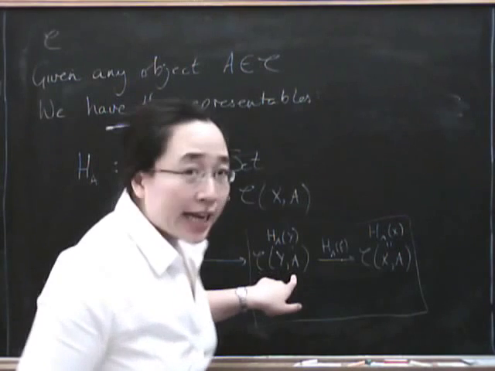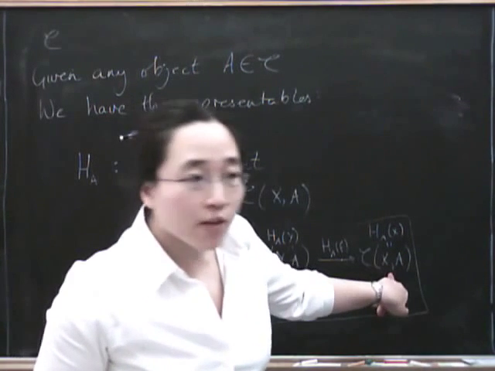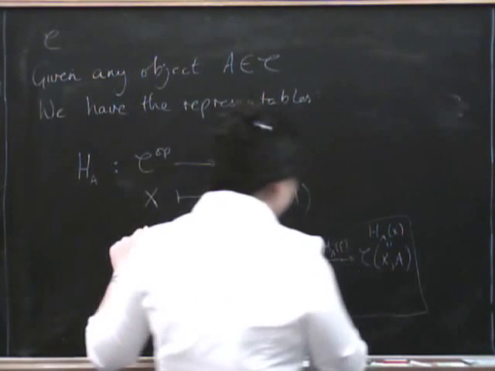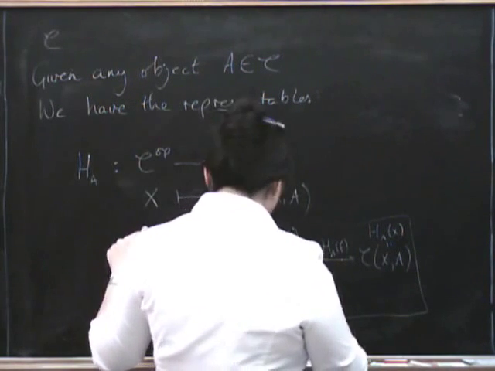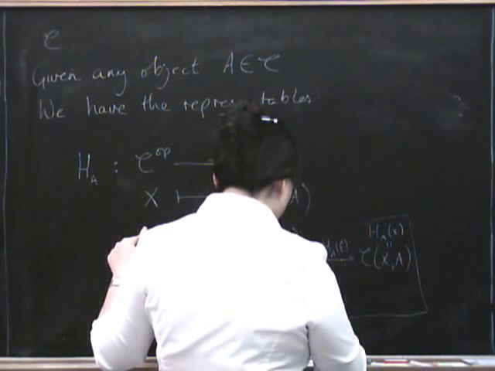How can we take any morphism that goes from Y to A, turn it into a morphism that goes from X to A using this one here? So supposing we're given some morphism here, let's call it S, that goes from Y to A.